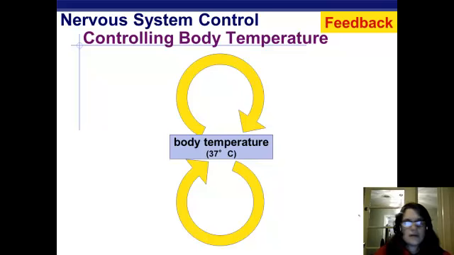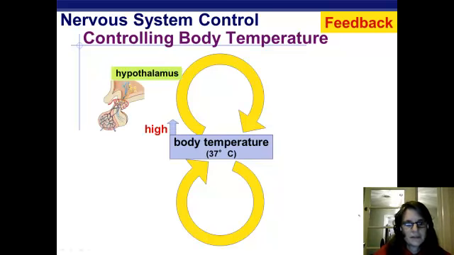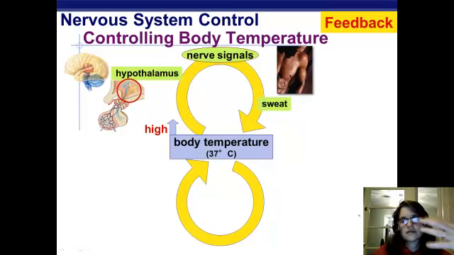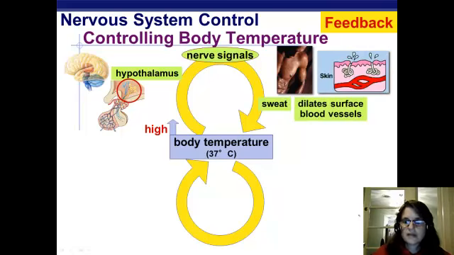This is something we looked at the very beginning of the year, how the body controls body temperature. If body temperature gets too high, if you'll remember, the hypothalamus monitors that and sends nerve signals that cause your skin to sweat, dilates blood vessels so that we can release body heat to the skin and to the environment.